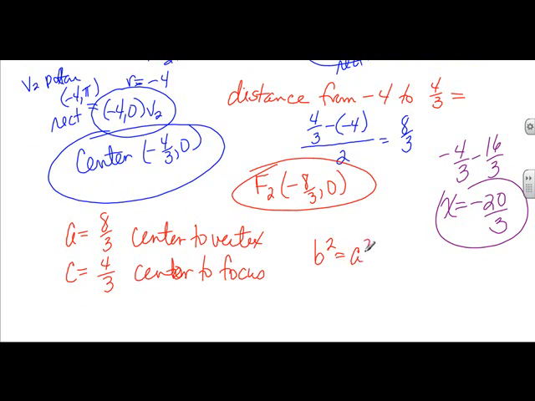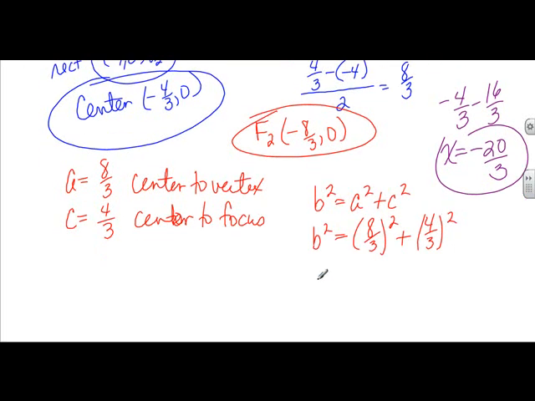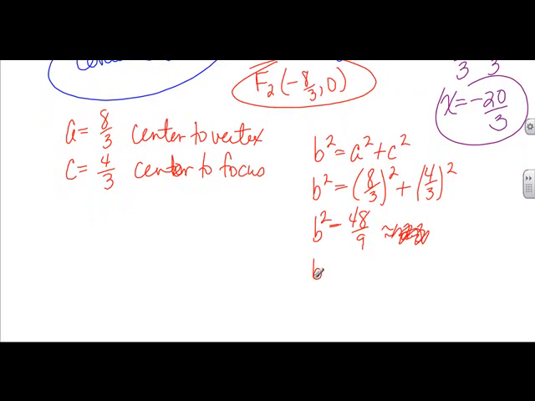So 8/3 squared plus 4/3 squared is going to give you the value of B squared, that is 48/9, which is about 2.3. Excuse me, that's B squared. B then would be the square root of 48/9, which is about 2.3 units.